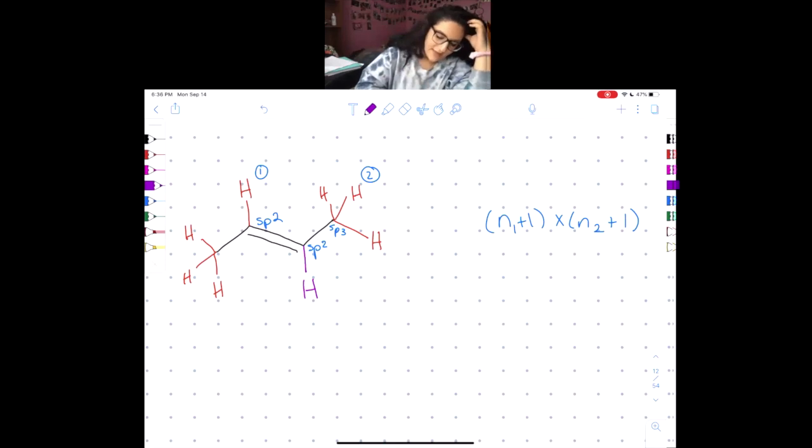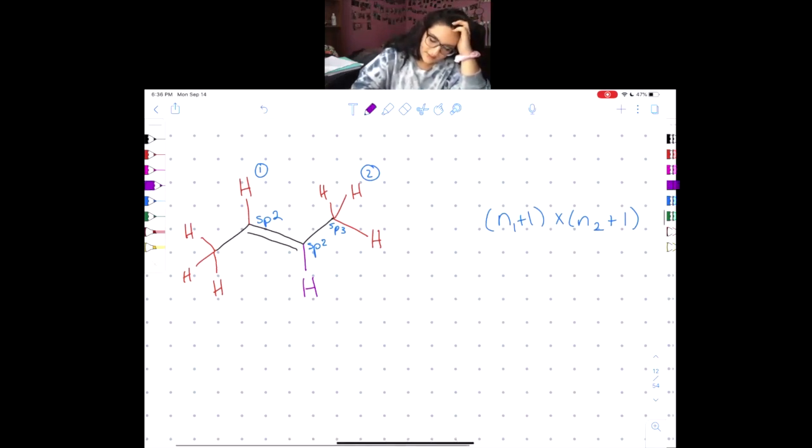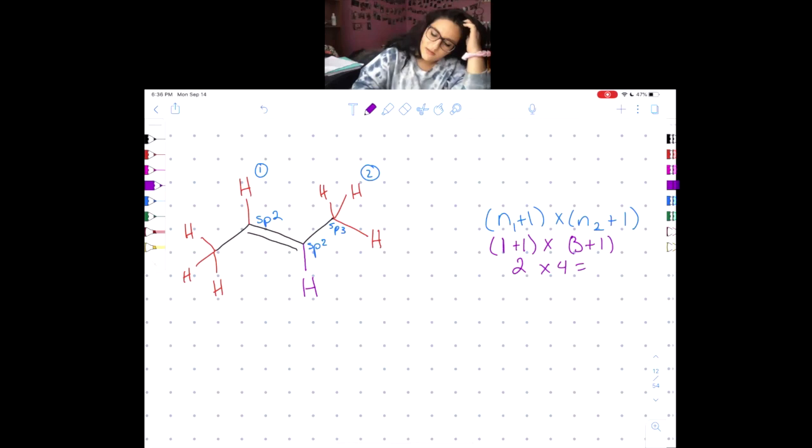And again, I've labeled just left from right, so this will be neighbor 1 and this will be neighbor 2. And we're going to write out, again, 1 neighbor plus 1 times, pay attention, 3 neighbors now, plus 1. So that will give us 2 times 4.